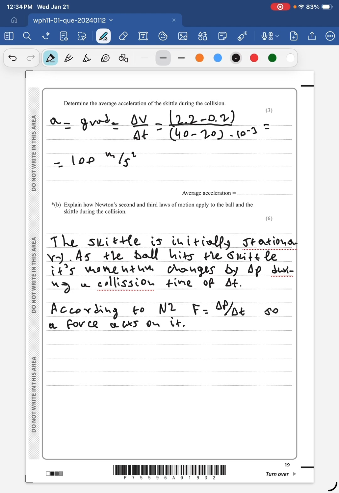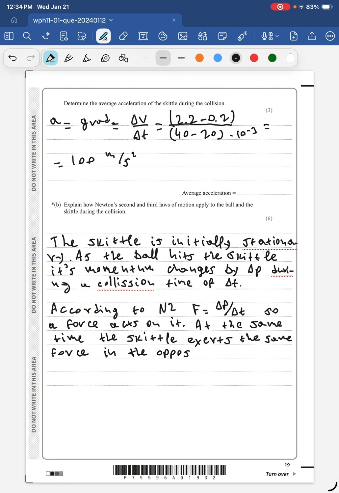At the same time, the skittle exerts the same force in the opposite direction. So this is Newton's third law, and this is what happens.